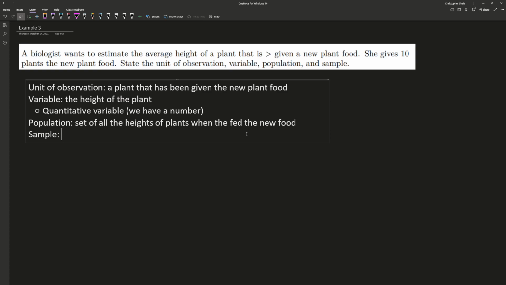Our sample here is going to be the set of the heights of the 10 plants that we gave the new plant food. So our sample here is just these 10 plants that we're talking about in particular. These 10 plants that the biologist gave this plant food.